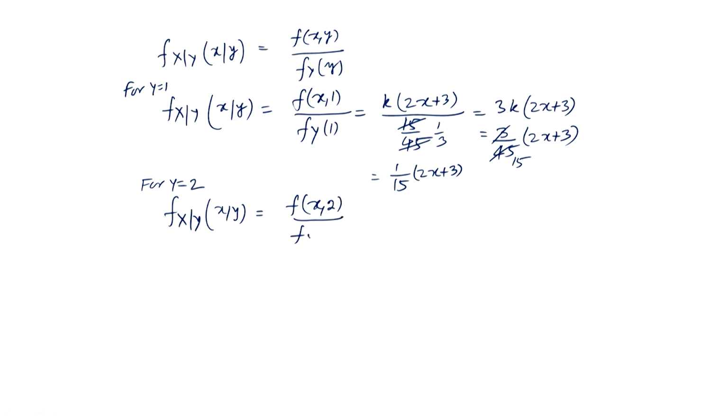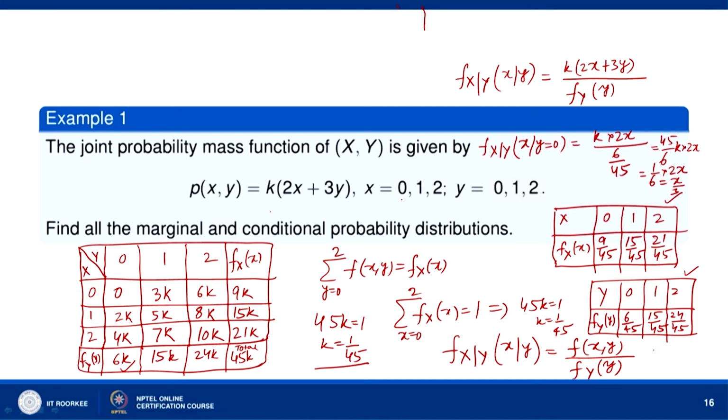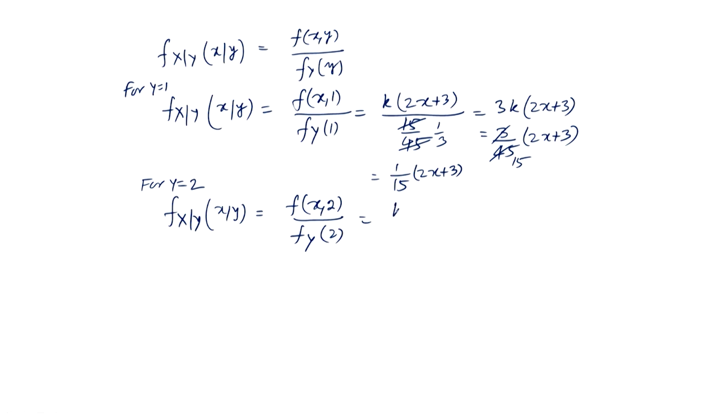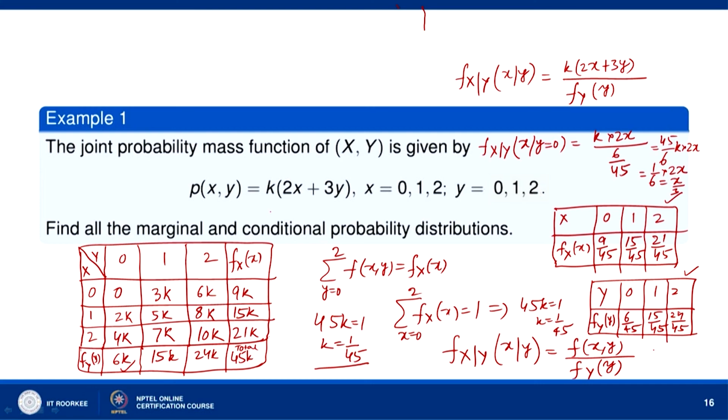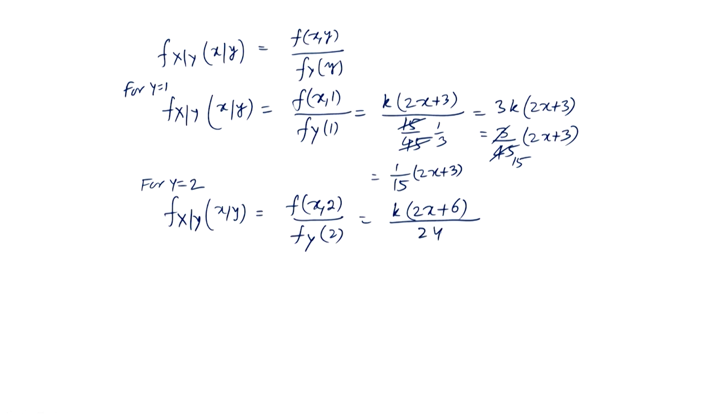f x y at 2, okay. This is equal to k times 2x plus 6, k times 2x plus 6 divided by 24 by 45. Okay.